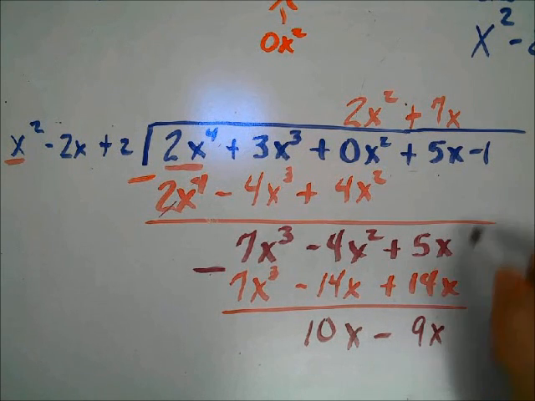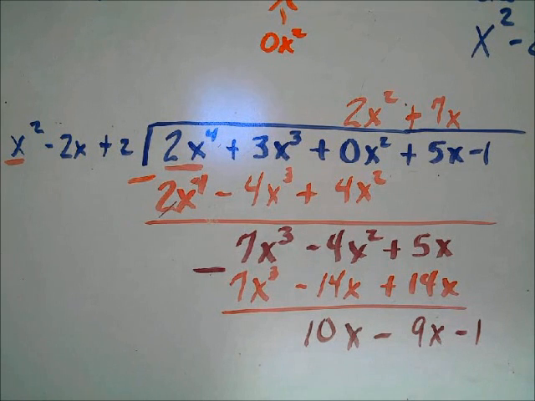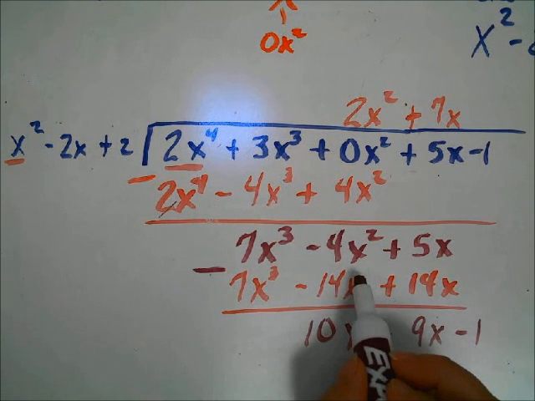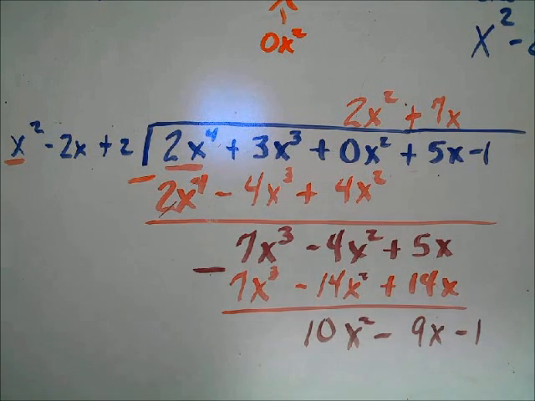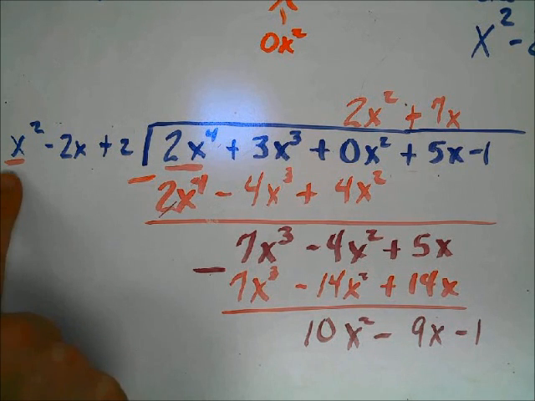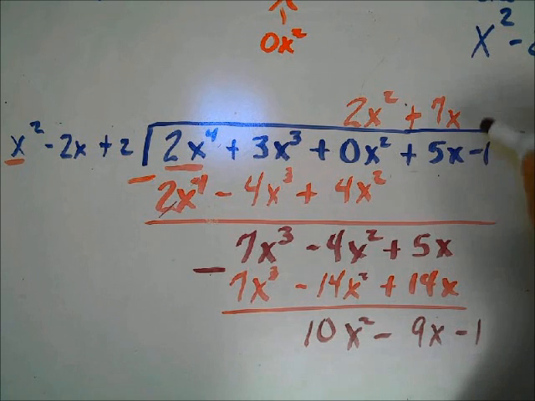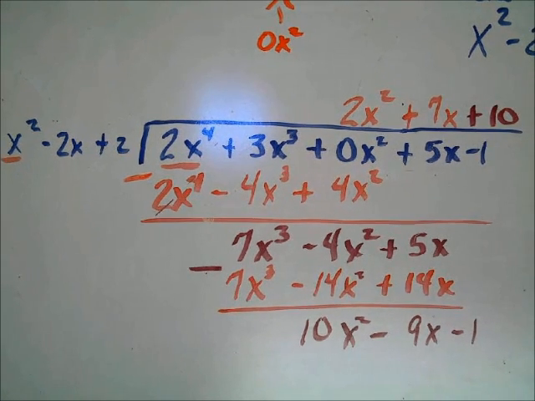At this point, now I'm looking to see how many times x squared goes into 10x squared. It goes 10 times. So I'm going to put plus 10. So 10 times x squared is 10x squared. 10 times negative 2x is negative 20x. And 10 times positive 2 is plus 20. The x squared terms cancel.